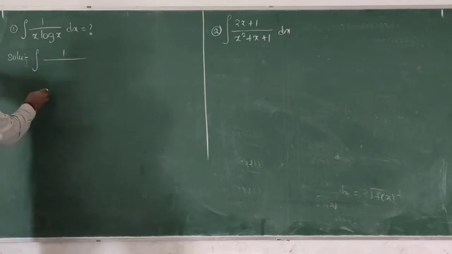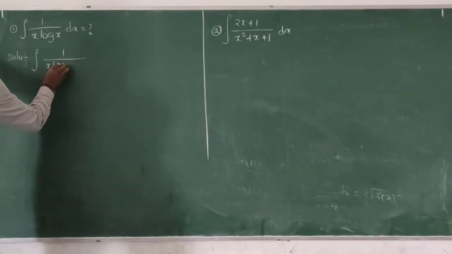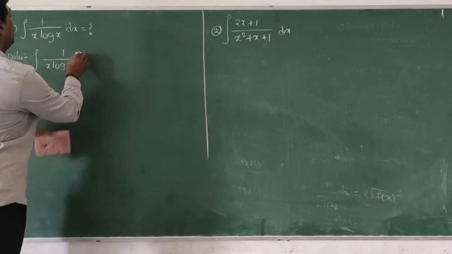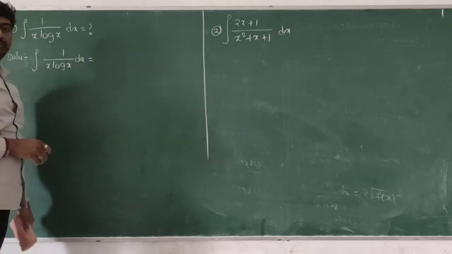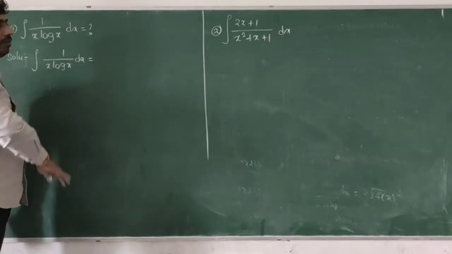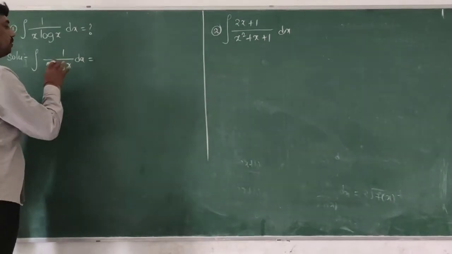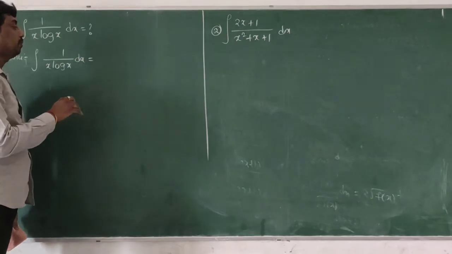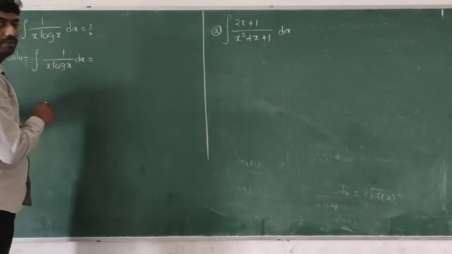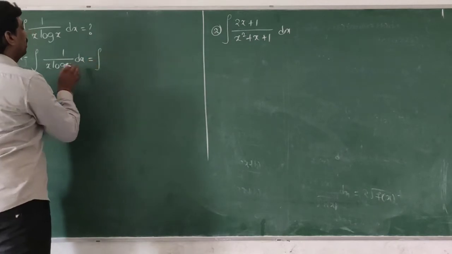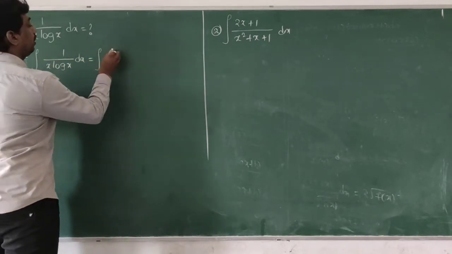Integration of 1 by x log x dx. Okay. We cannot do it directly, because all the formulas are completed. That's why we need to transform it into a form, in the way that we have the formulas. So here this can be written as 1 by x into log x now.